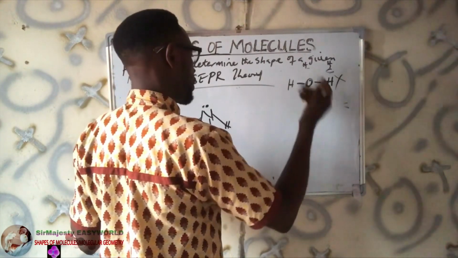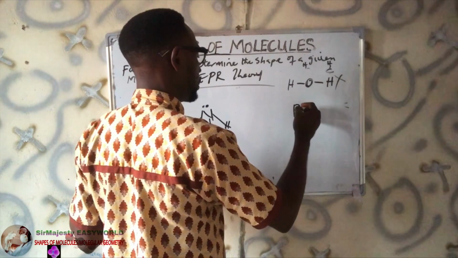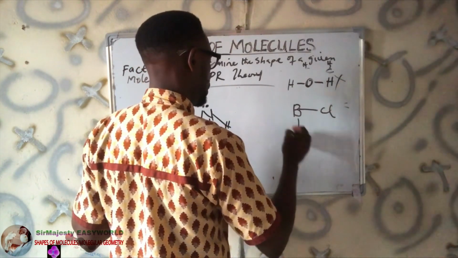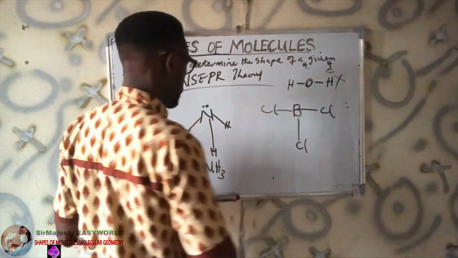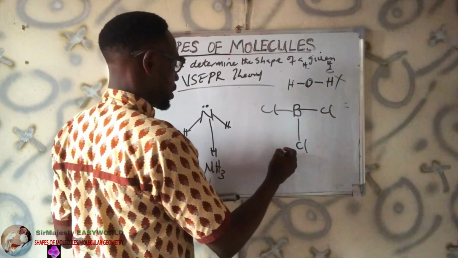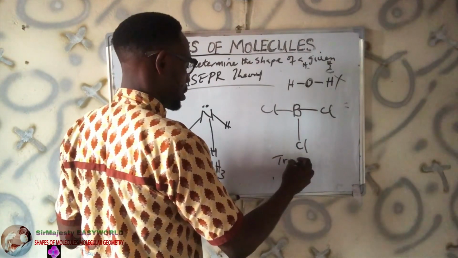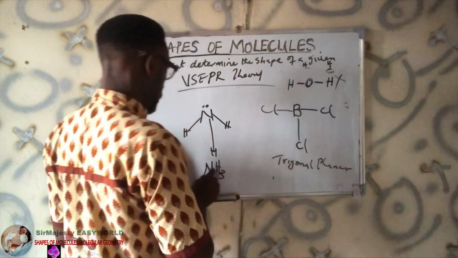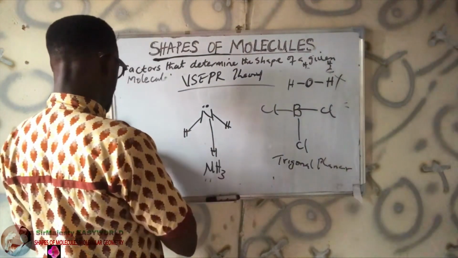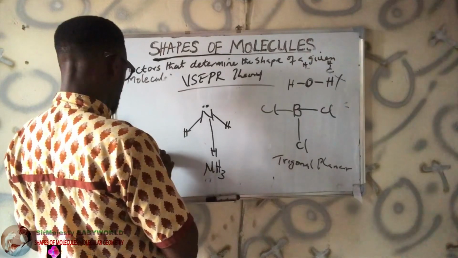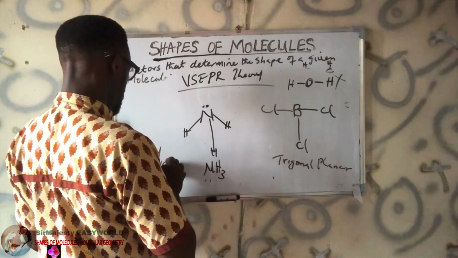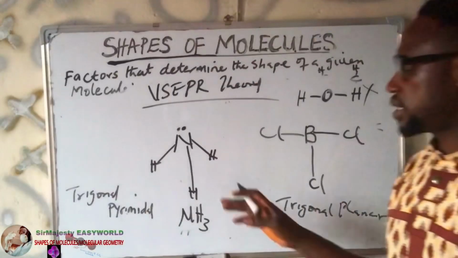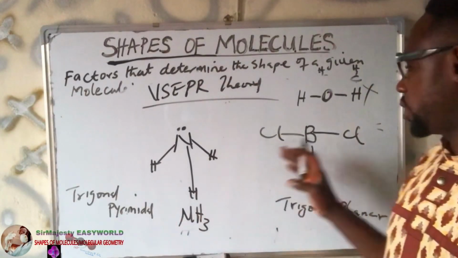Then boron chloride, which will give you Cl, Cl, and Cl. So this one is trigonal planar, while this one is trigonal pyramidal. Now watch this. The steric number here is 4 and here is 3.